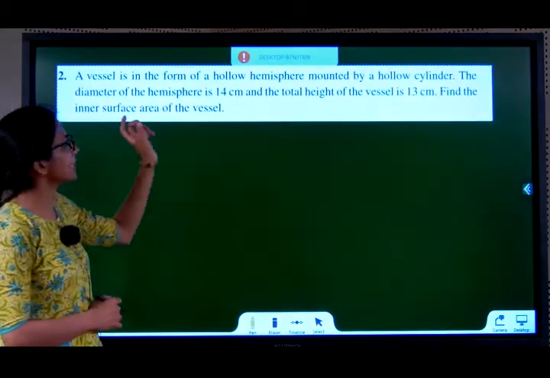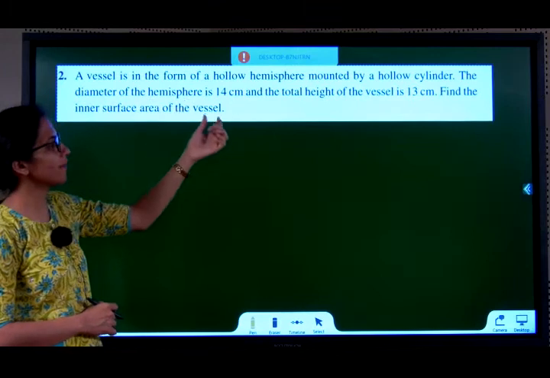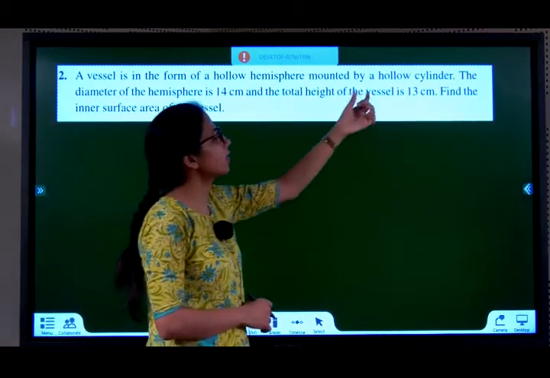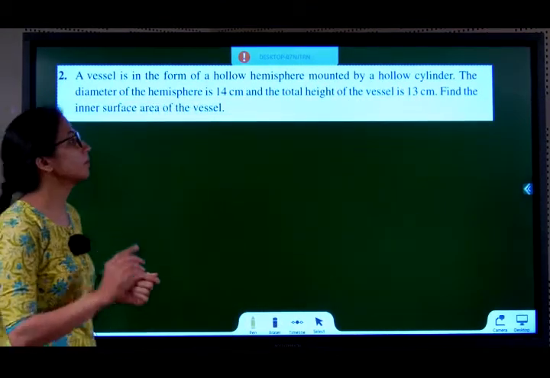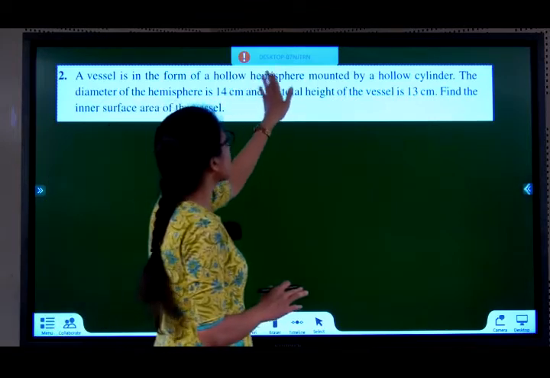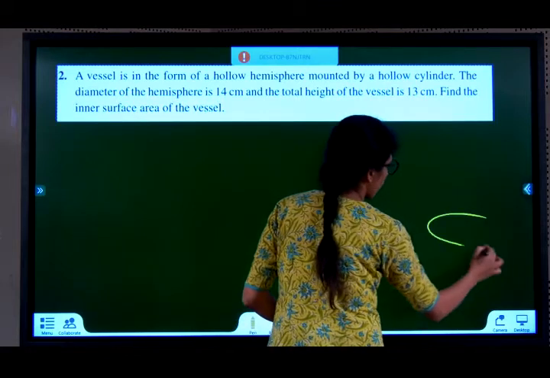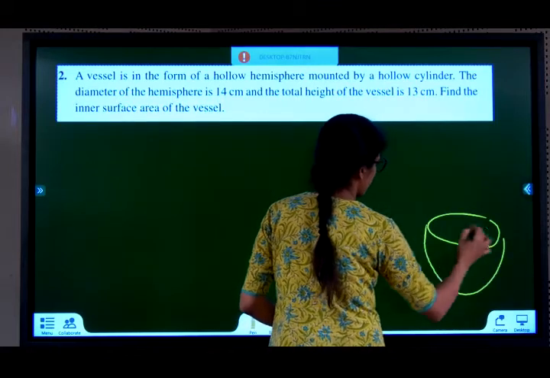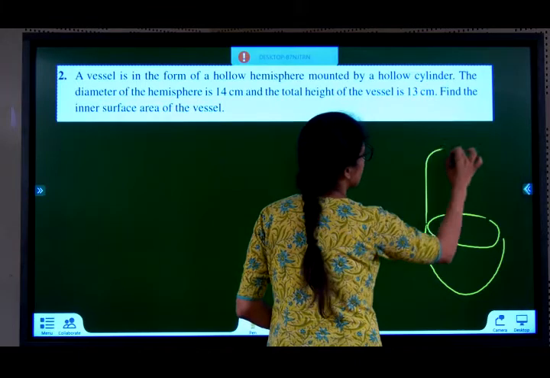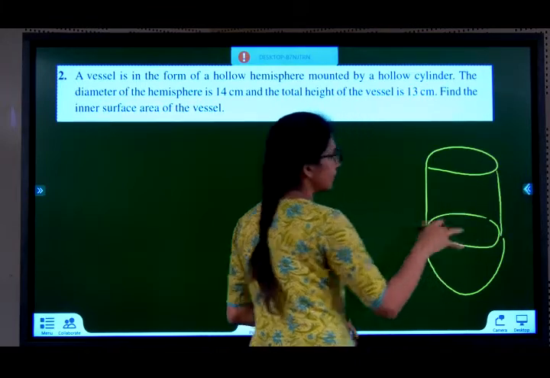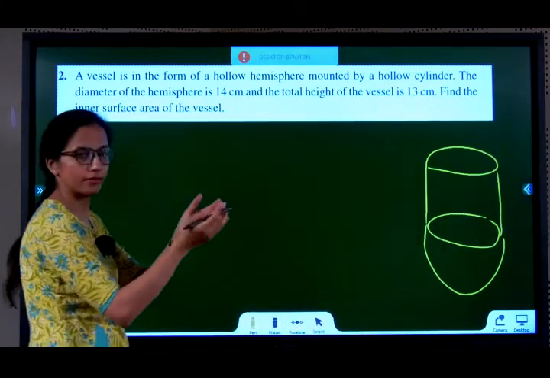Question 2. A vessel is in the form of a hollow hemisphere mounted by a hollow cylinder. Mounted by means below. Hollow hemisphere is below a hollow cylinder. So we have a hollow hemisphere below a hollow cylinder. Hollow means it's empty inside, just cylinder.